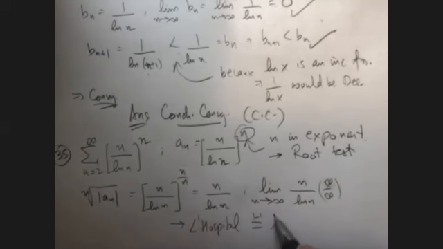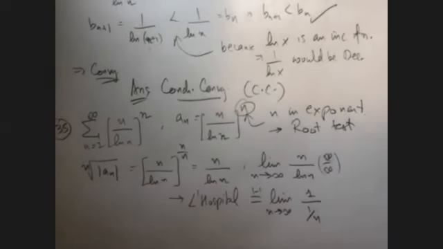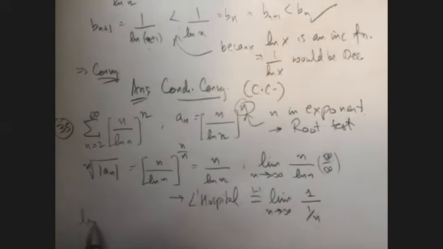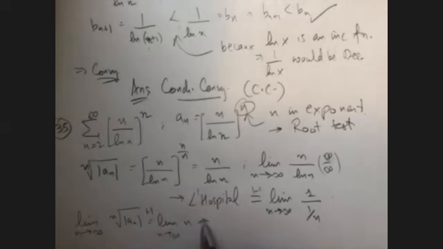So we get the derivative of ln n is 1 over n. So the limit after applying L'Hopital's rule is infinity.